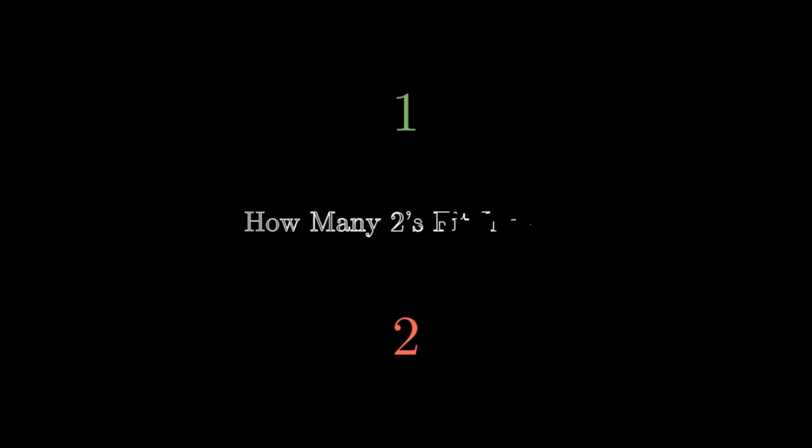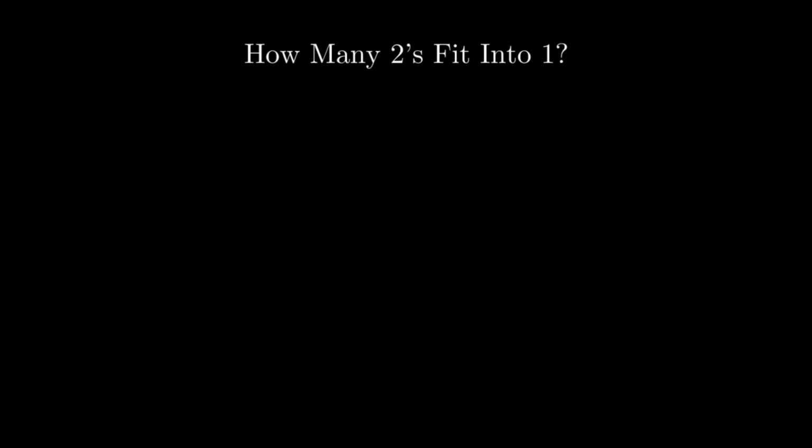Now, how they relate to a decimal number is a tiny bit more complex. It's more like asking how many 2's fit into 1. I mean, none, right? And yeah, none do.